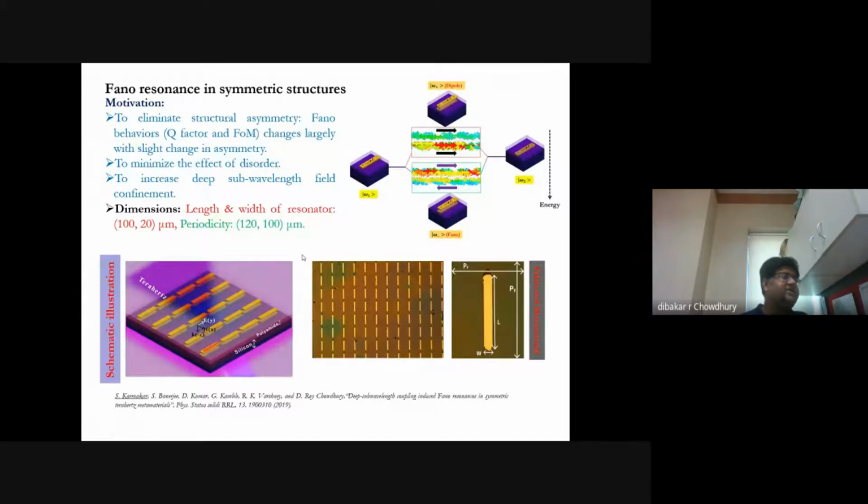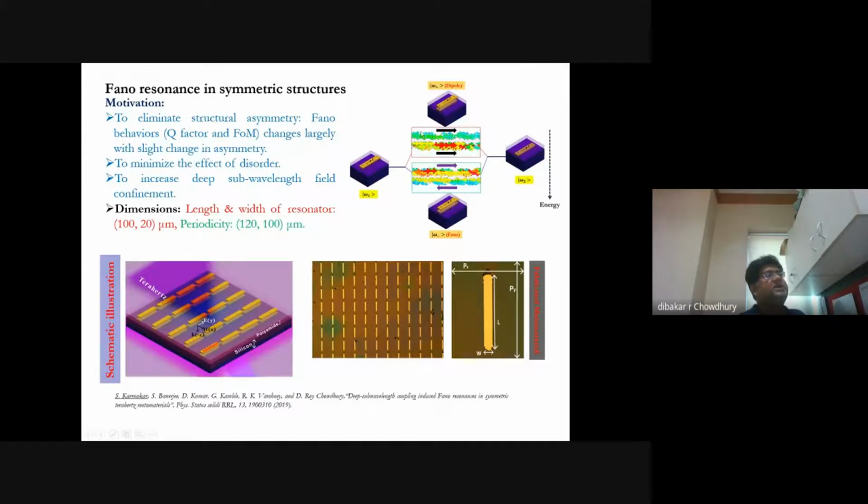Why are their characteristics different? Because the top resonator is seeing a different environment, and the bottom resonator is seeing a different environment. So their characteristic resonances are different, and hence they can overlap with each other, considering one as the background and another as the driving mode, and can give rise to Fano modes.